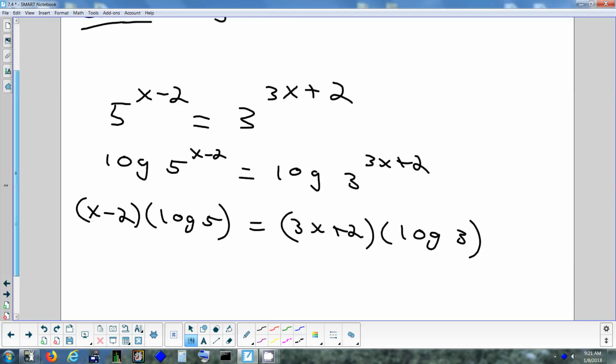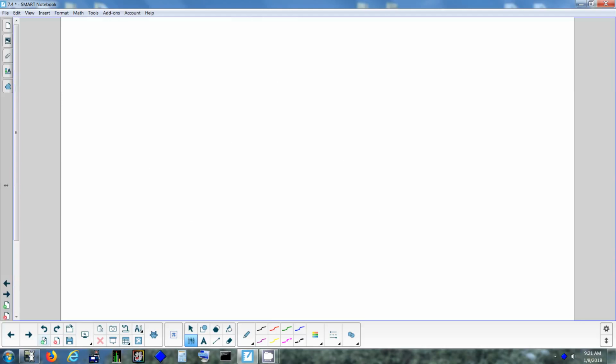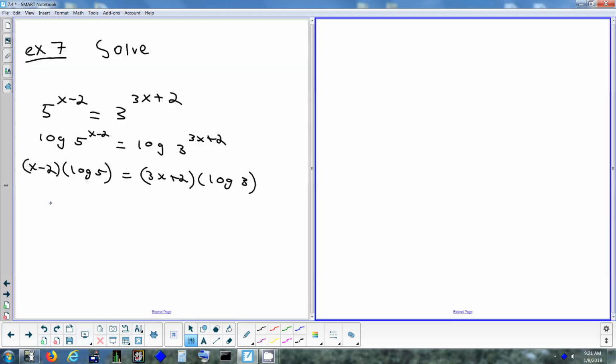Now, anybody know what property we're going to use next on both sides? Well, this is where I said I'm going to put an Algebra 1 problem side by side. And let's pretend this was the problem. This is not the problem, but pretend that you had something like this. If the problem was the one on the right, what would you do with that one on both sides? Yeah, distribute.